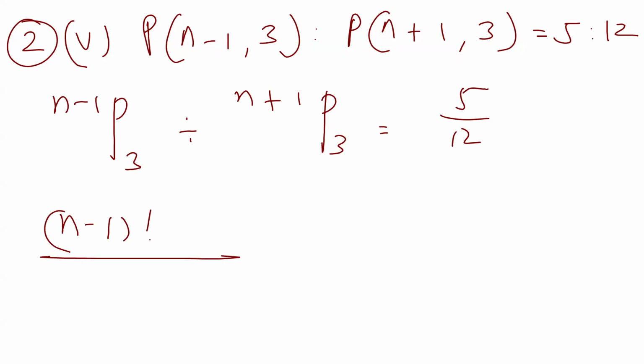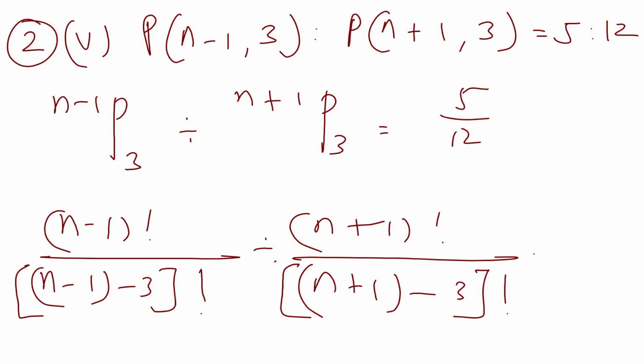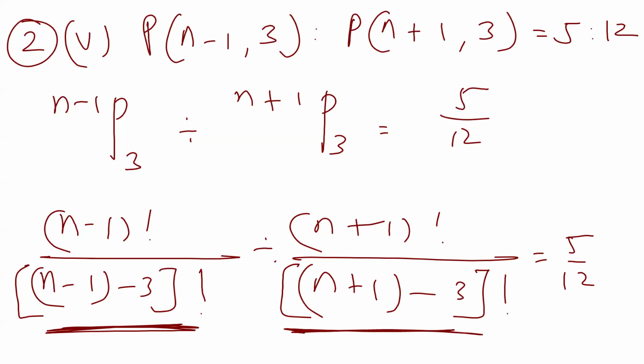(n minus 1) factorial upon (n minus 1 minus 3) factorial, divided by (n plus 1) factorial upon (n plus 1 minus 3) factorial, equal to 5 by 12. So this is going to become (n minus 4) factorial, and this is going to become (n minus 2) factorial.